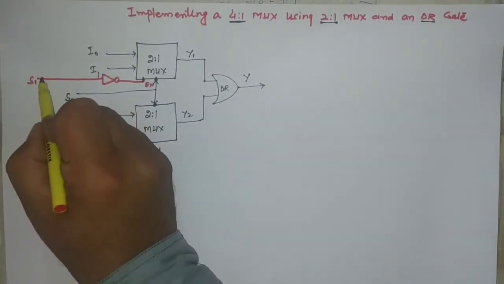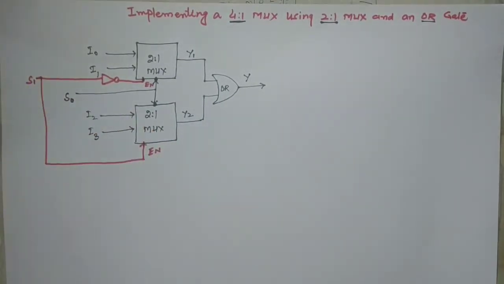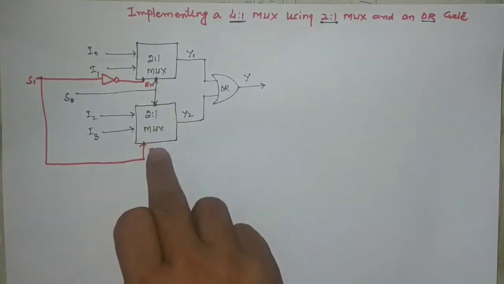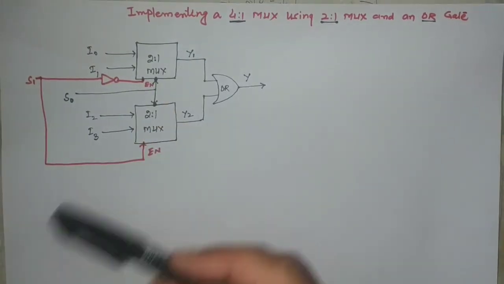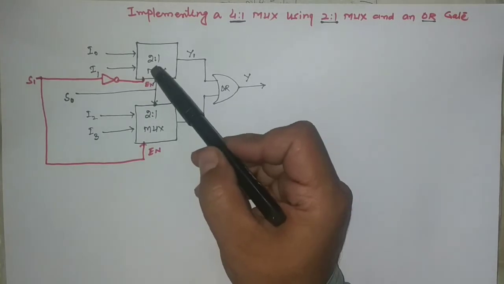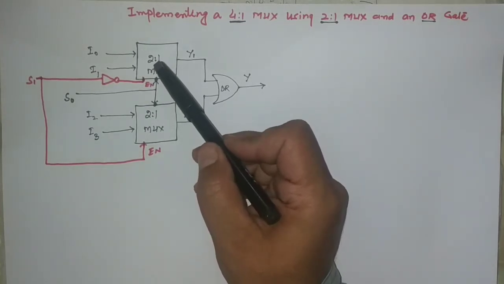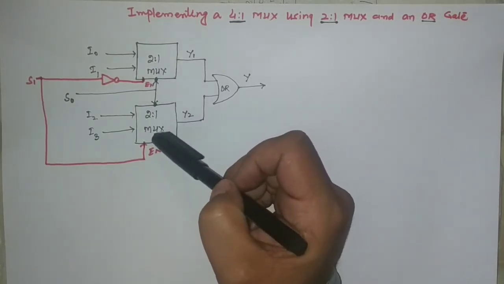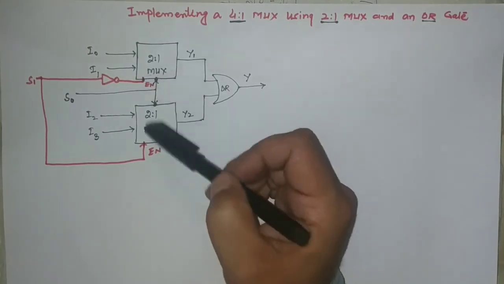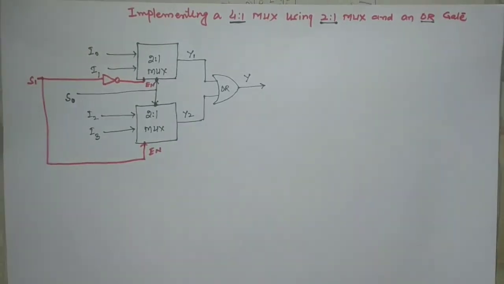So now you understand the role of enable: at a given time either this multiplexer will be activated or this multiplexer will be activated, but not both.